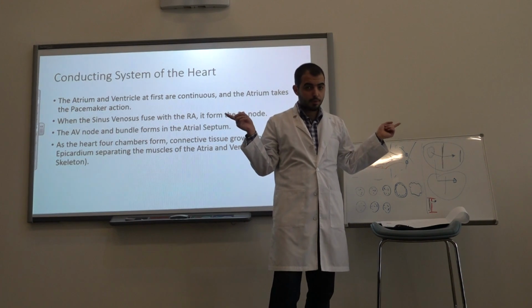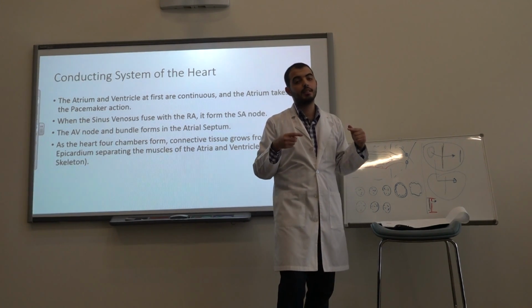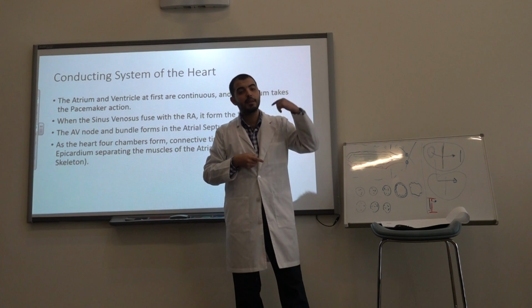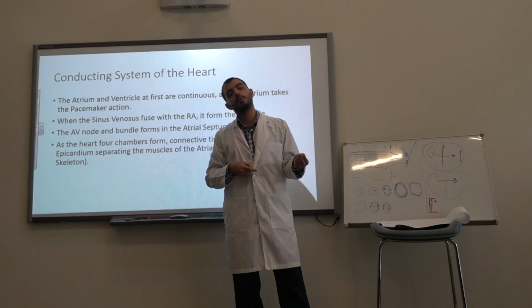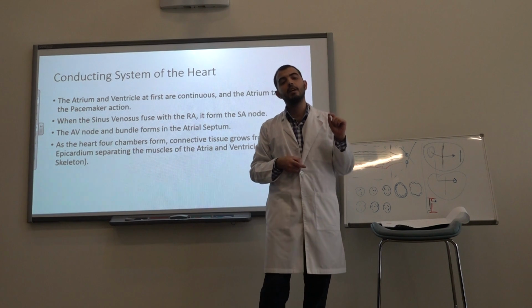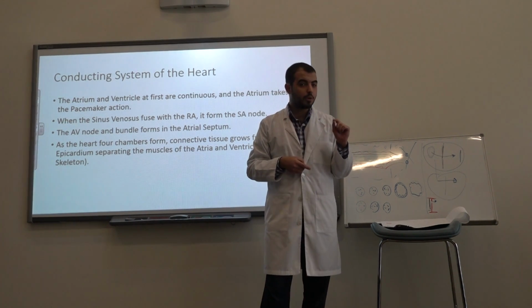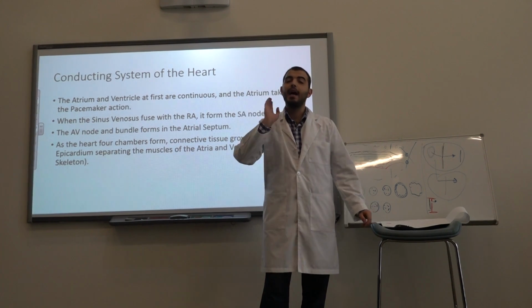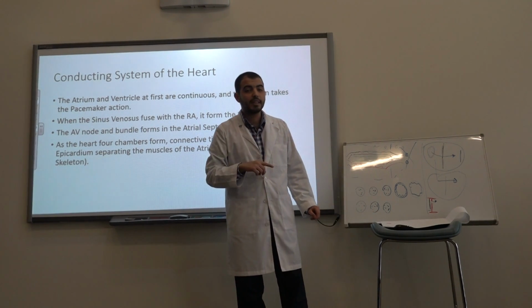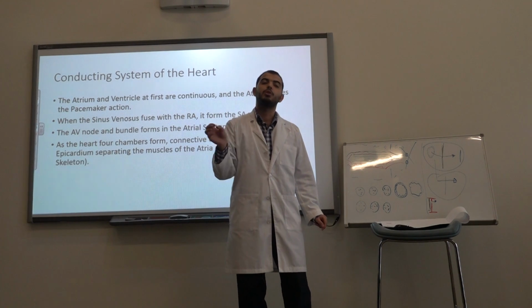Because these cells will form for me the cardiac skeleton. This cardiac skeleton will separate the atrium from the ventricle. And what do I mean by separation? I mean electrically. In other words, the electrical signals from the atria will not go into the ventricle except through the AV node.